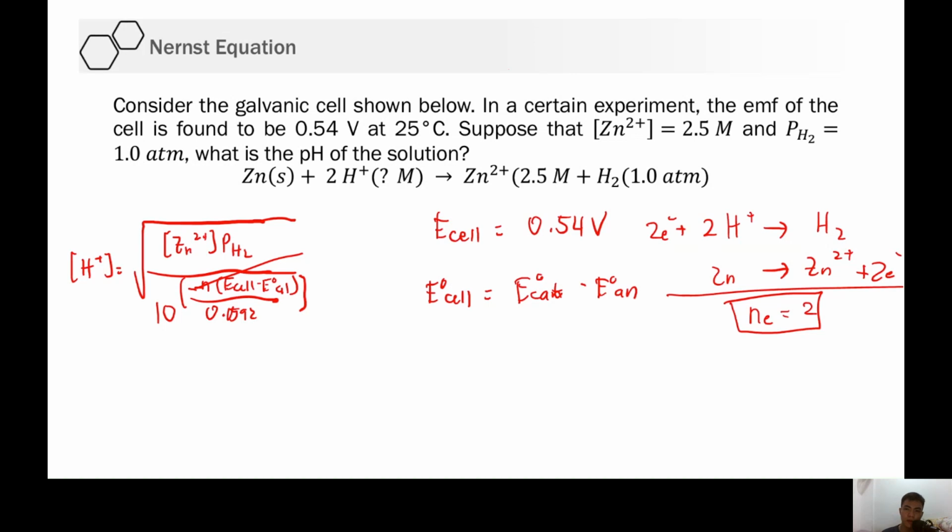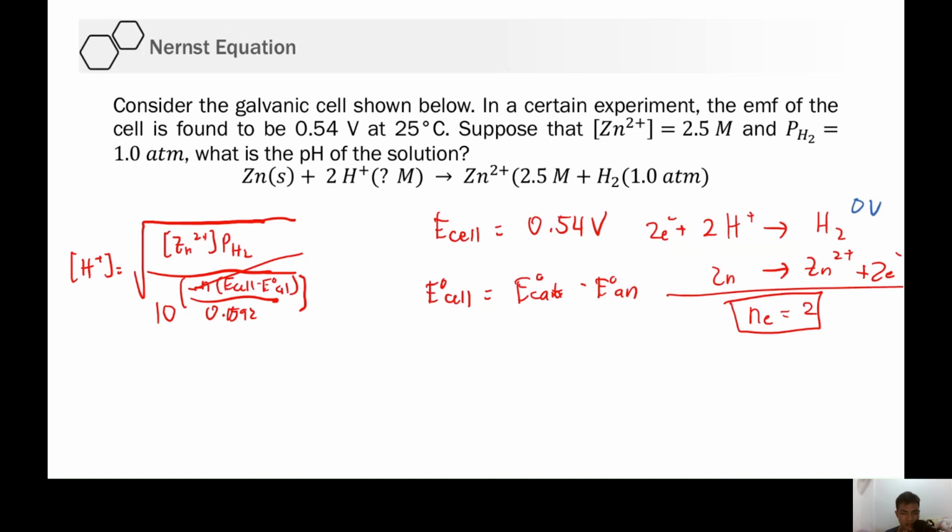So let's look at the table. Let me pull up my SRP table here. For hydrogen, that's 0 volts. Remember, the standard hydrogen electrode has a potential of 0, and that's the basis for all this measurement.